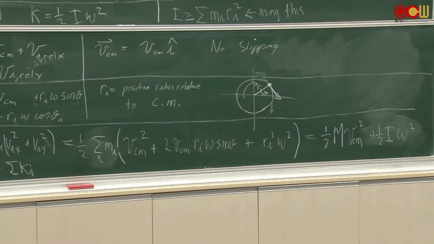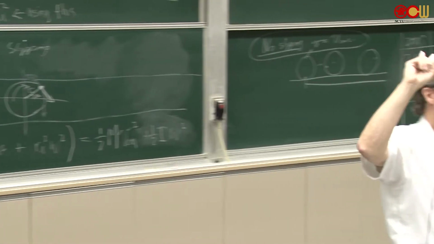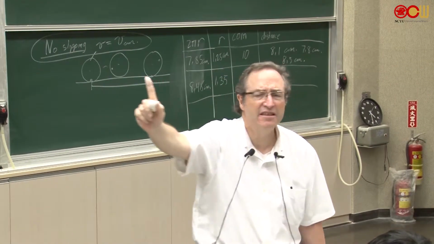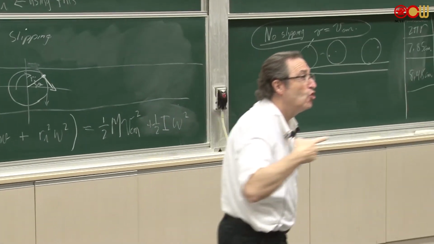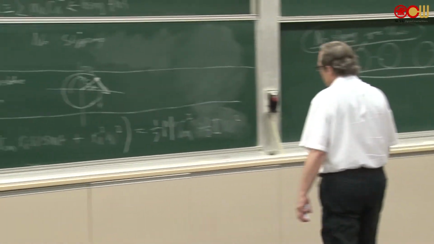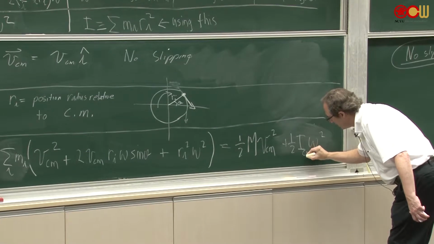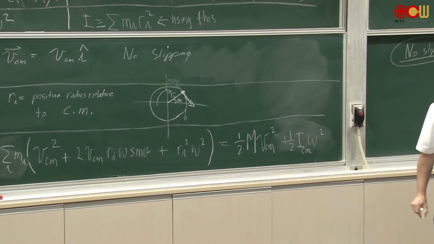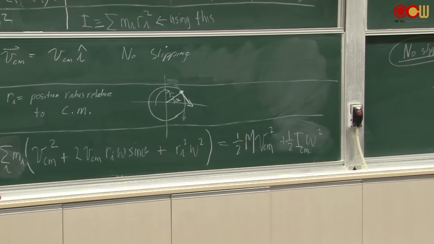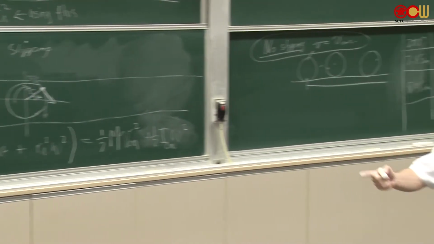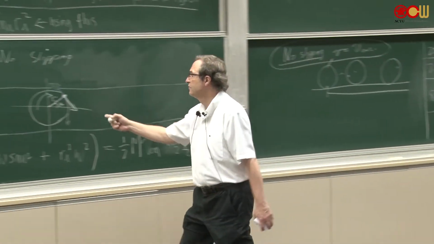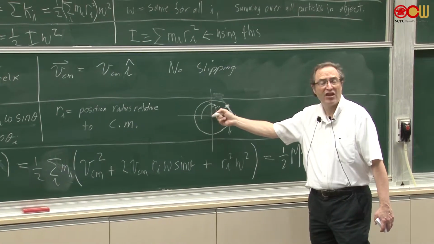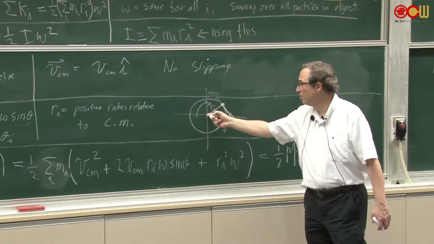But it's a very special I. What's special about it? What axis did we choose? We chose an axis through the center of mass. So we should label this CM. The result here is valid because we chose an axis through the center of mass, which for a disk or a sphere is right through the middle.